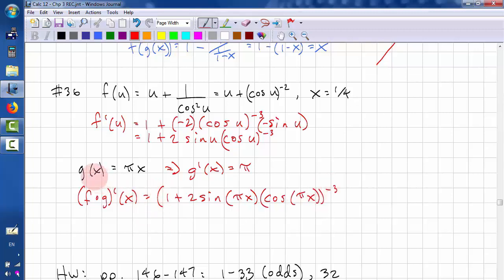And now we need to add the derivative of g, which is pi. And we're going to rewrite this as pi times 1 plus 2 sine pi x over cos cubed pi x.